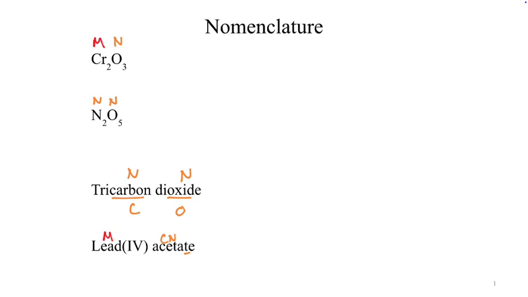Okay? Why do I go through and identify this information? Well, if I started off now with the very first one, I've got a metal and a non-metal, single elements of each. I know that compound is binary ionic. The next one, two nonmetals, I know that one's named based off the covalent rules. The next one, two nonmetals again, that's a covalent rule system.